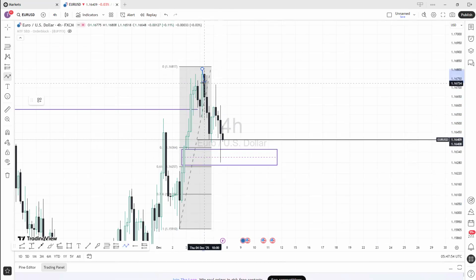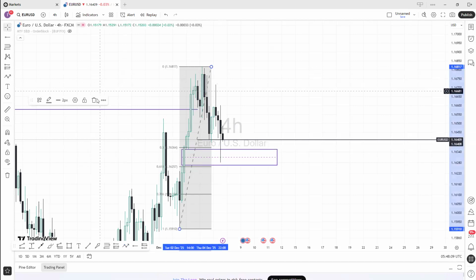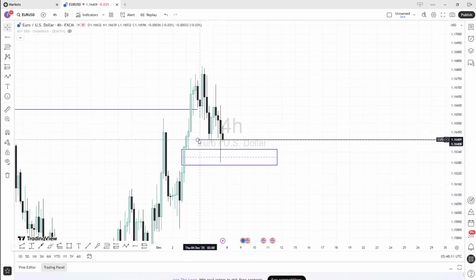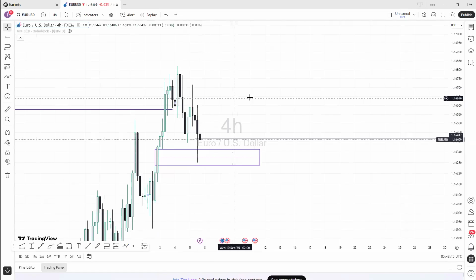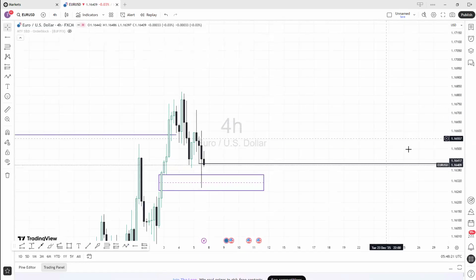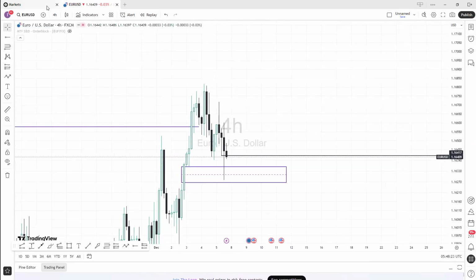Price corrected successfully to that discount zone, and there we found the imbalance, that FVG. After the retracement to that discount zone, you can see the candle closed with a manipulation, a rejection. So it rejected that zone, which indicates a reversal pattern. It is going to happen.